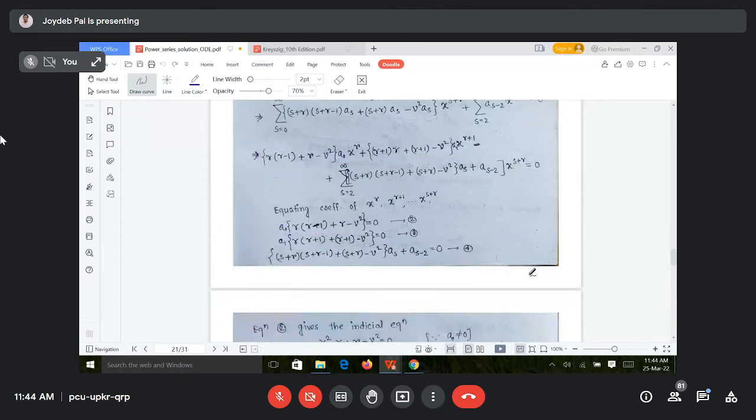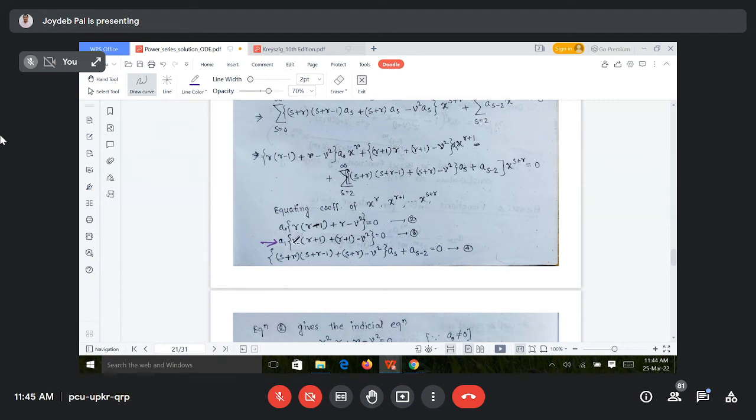Now the second relation gives us the value of a1. The second relation tells that the value of a1 is what? 0, isn't it? Because earlier we have not assumed that a1 is not equal to 0.